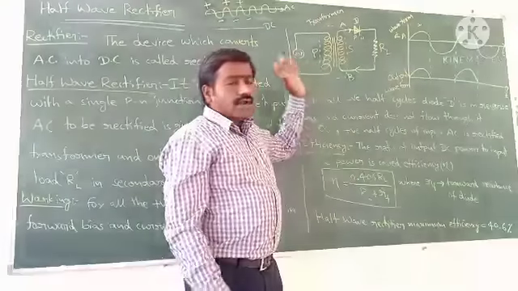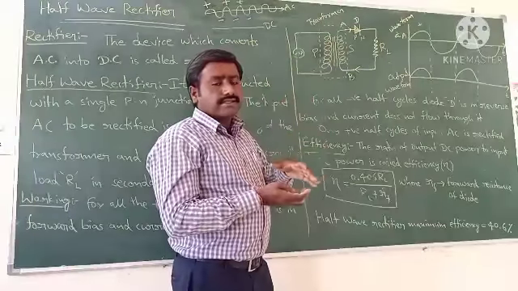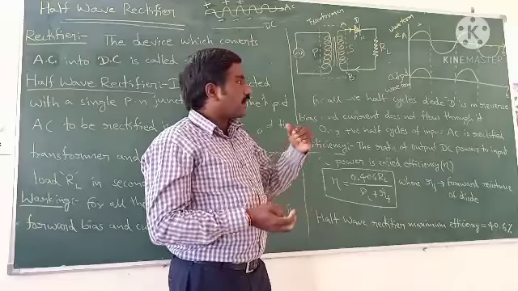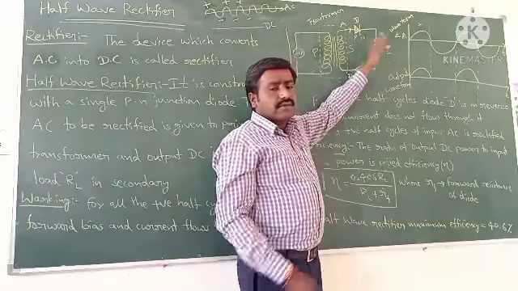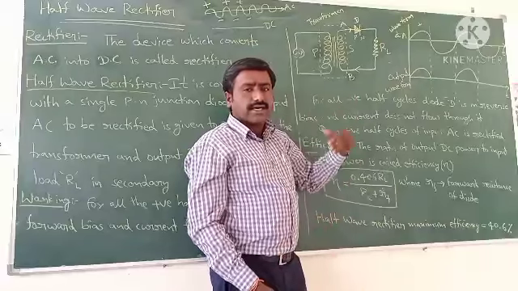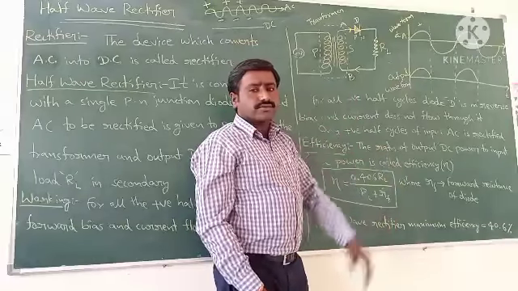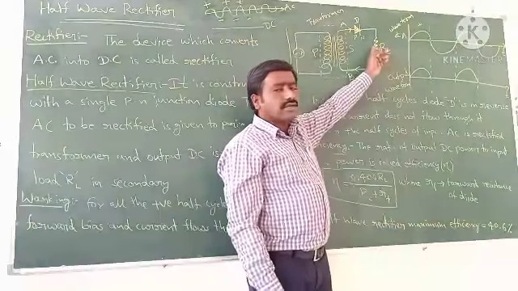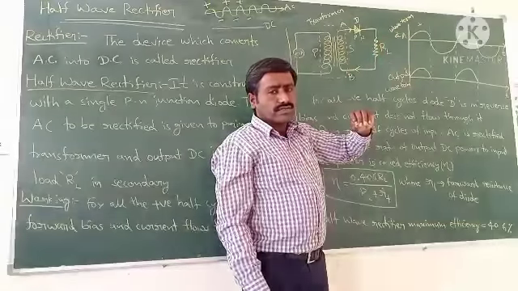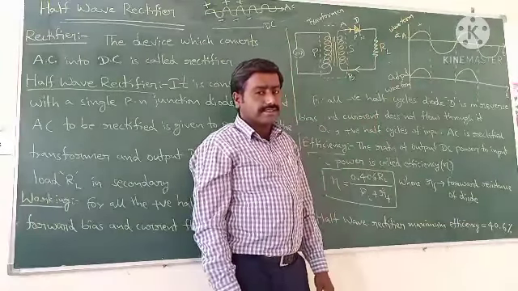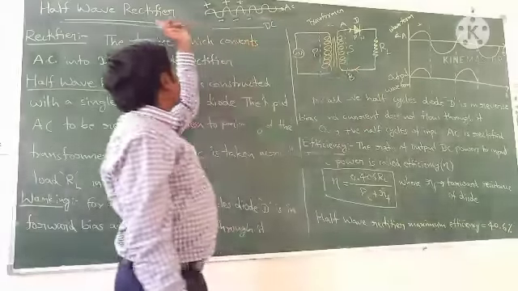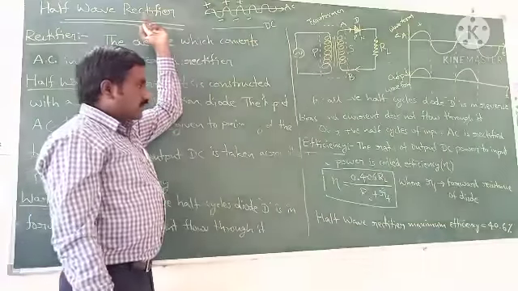So for all positive cycles, current flows through the diode and we can get the output across the load resistance. For all negative cycles, current does not flow through the diode, so the output across the load resistance is 0. Therefore, only half of the wave will be converted into DC. That's why it is called a half wave rectifier.